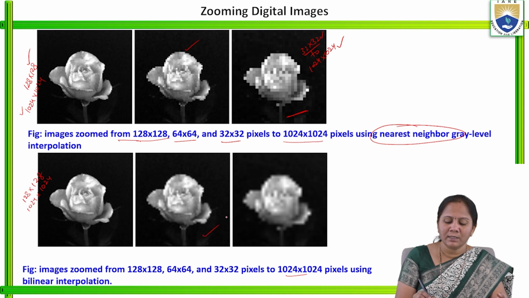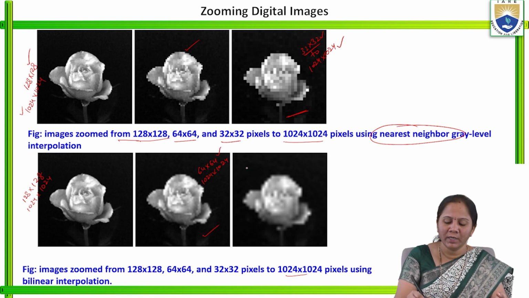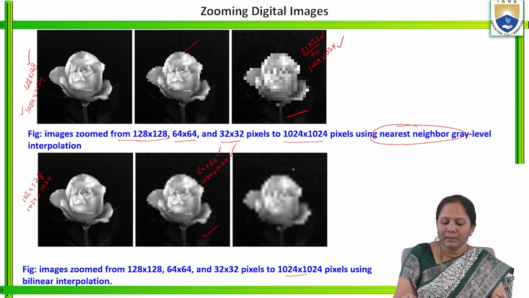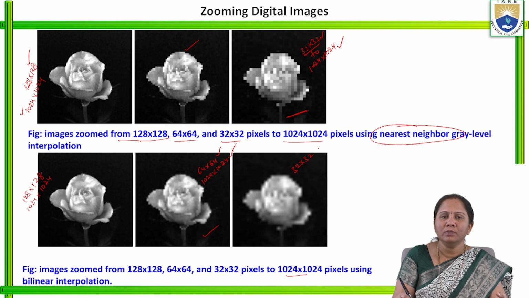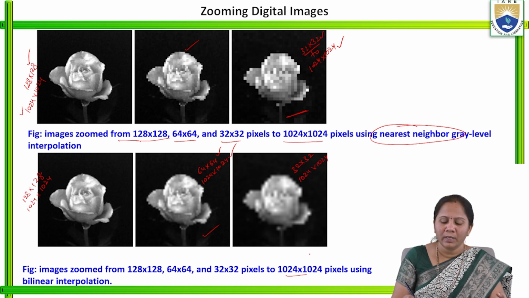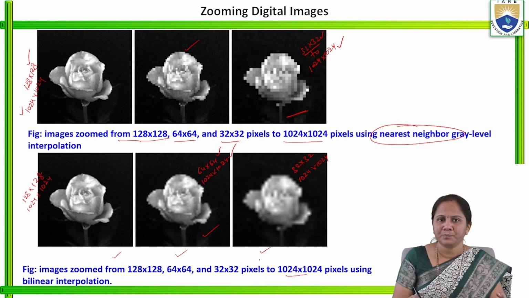The second picture is 64 by 64 zoomed to 1024 by 1024. That means this is the size of the original image and this is the size after zooming. And this is a 32 by 32 original image, whose size after zooming is increased to 1024 by 1024. So these are the three images we can observe after zooming.